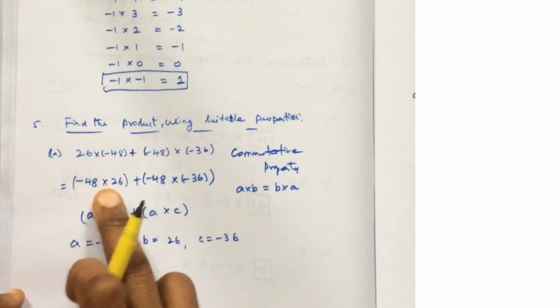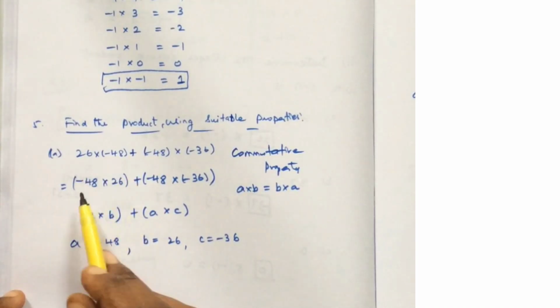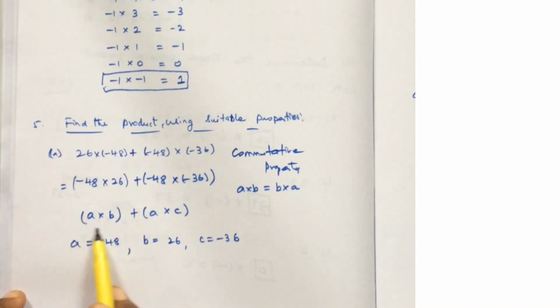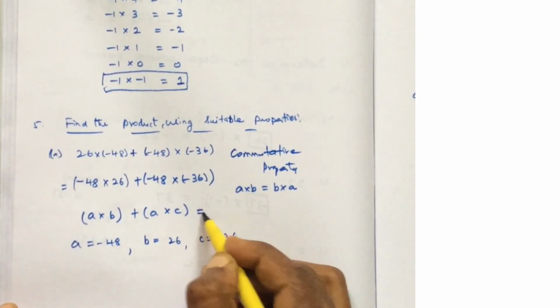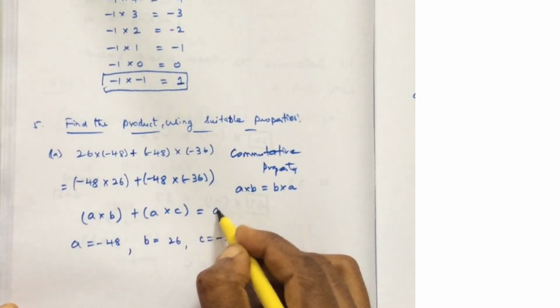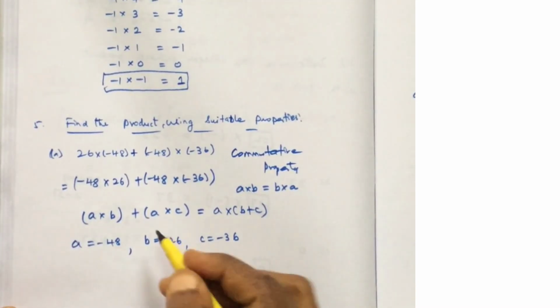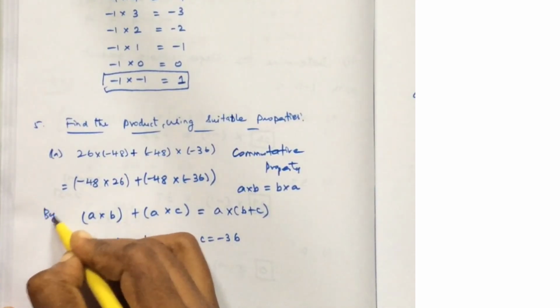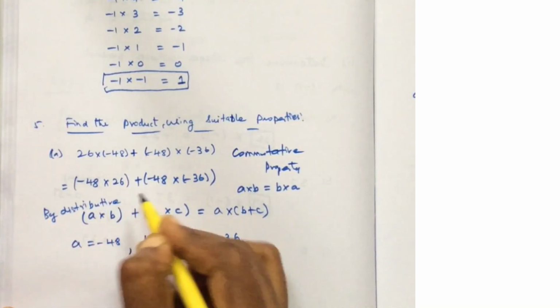Okay, so A multiplied by B plus A multiplied by C. Now you understand why I changed this, because I want to bring it to the first term, so that A multiplied by B plus A multiplied by C, in this form I can write. Now by distributive property, this is equal to A multiplied by B plus C. So you have to write by distributive property.